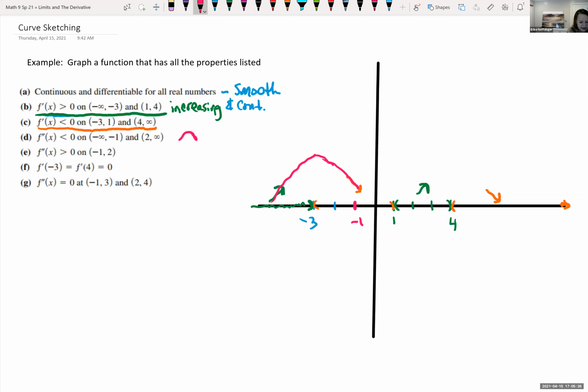But this is concave down in here, and my guess is the other piece is going to be concave up. So I can see that at -1 I have an inflection. So it's going to start to be concave up. And that's what this says right here. On -1 to +2, our double derivative is greater than 0, so it's concave up.